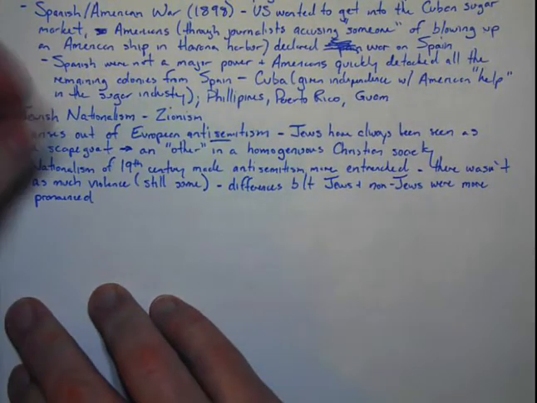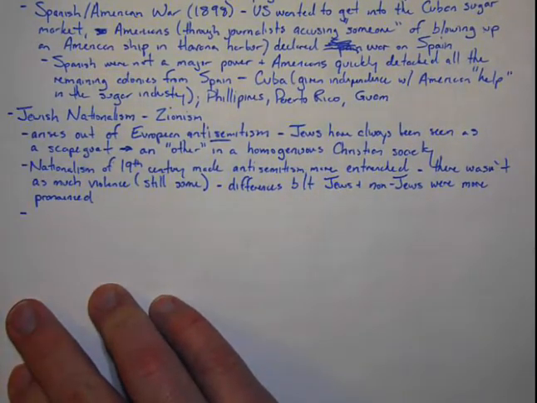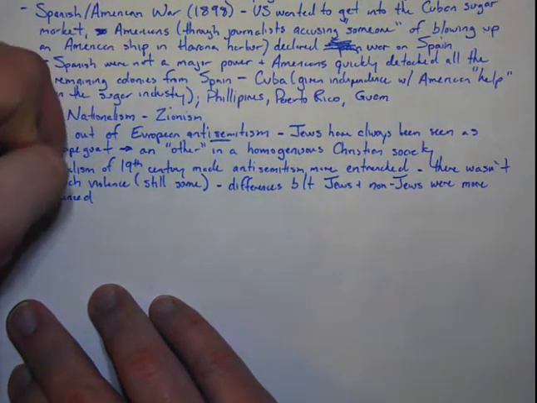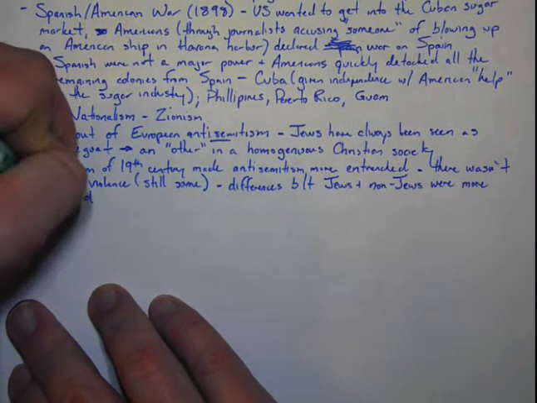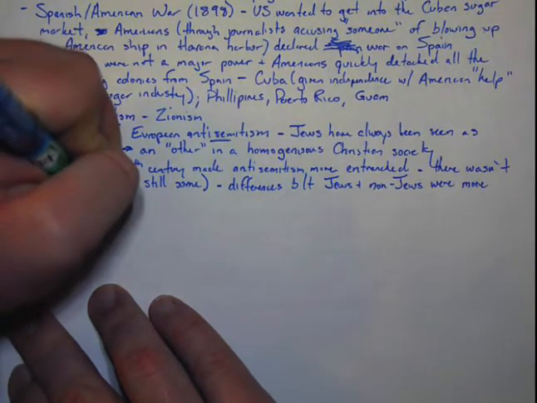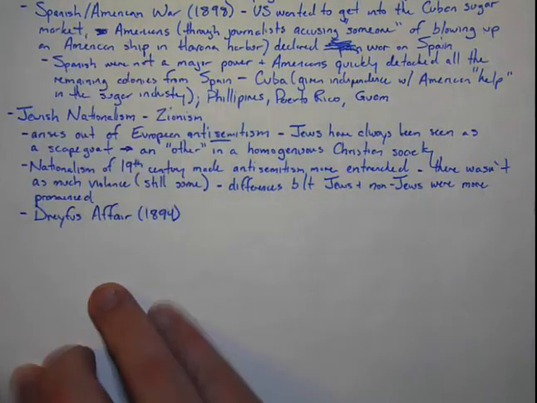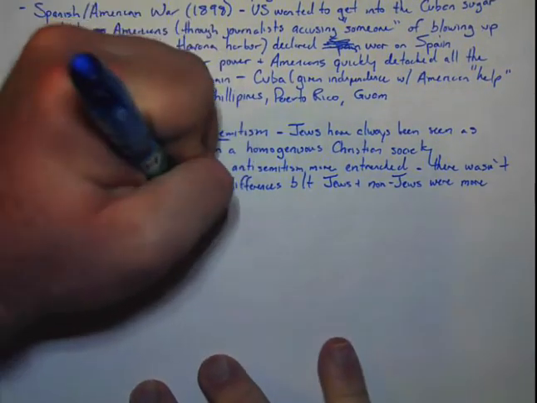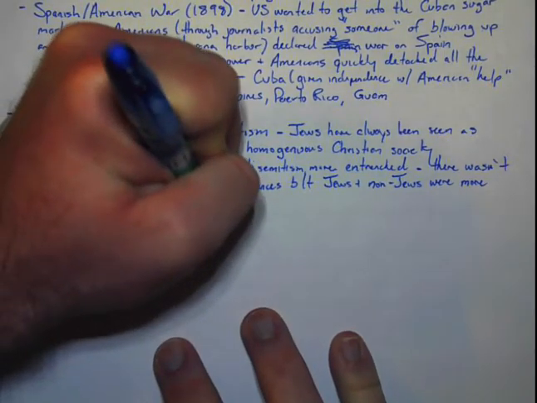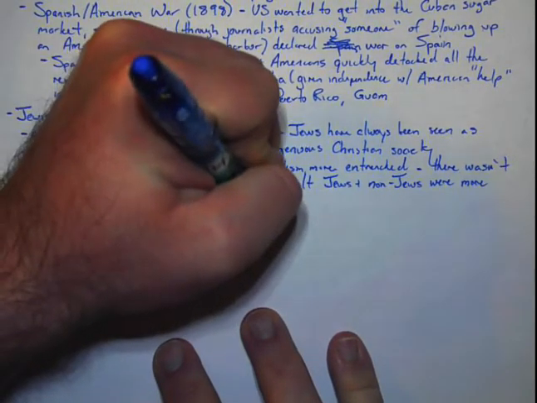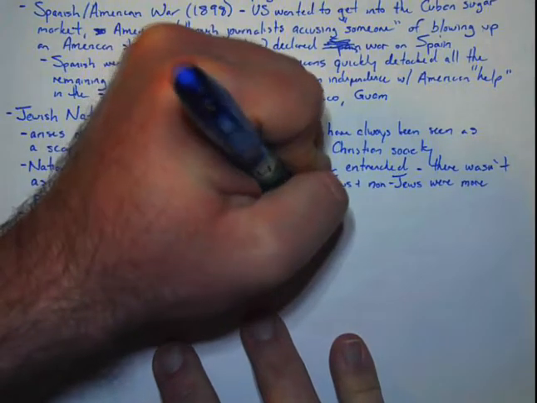The turning point here, the thing that makes Zionism into a thing, is a French court case called the Dreyfus Affair. Okay, so the Dreyfus Affair was a court case in France.